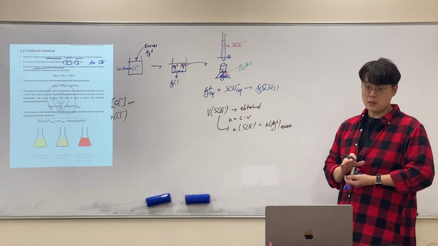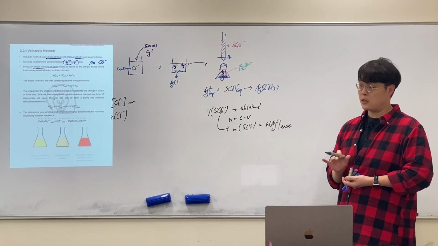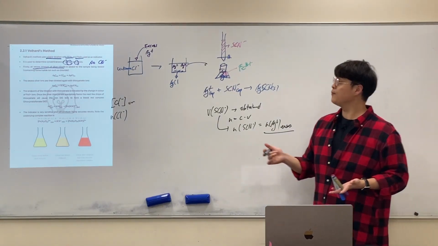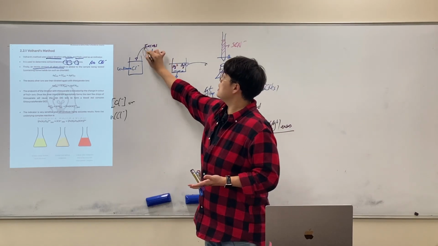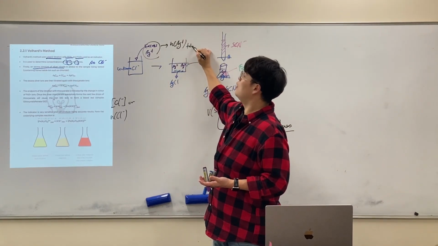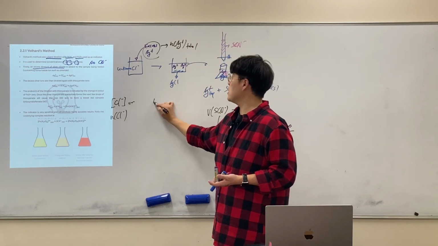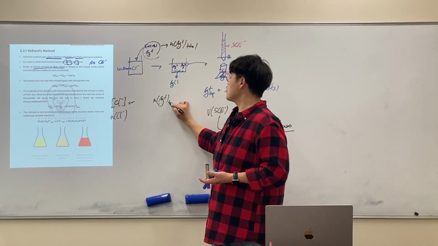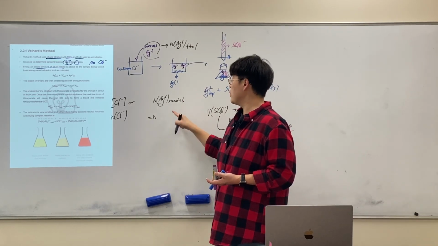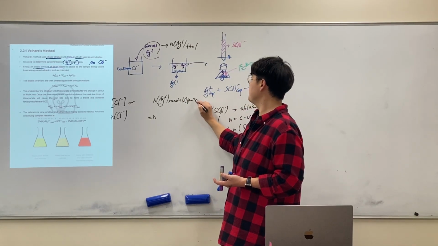Does it make sense? This is called the back titration, guys, again. As we get the amount of excess silver, can we get, from here, the N of silver in total? Then can we get N of silver that is reacted, by what? Reacted as a precipitate.